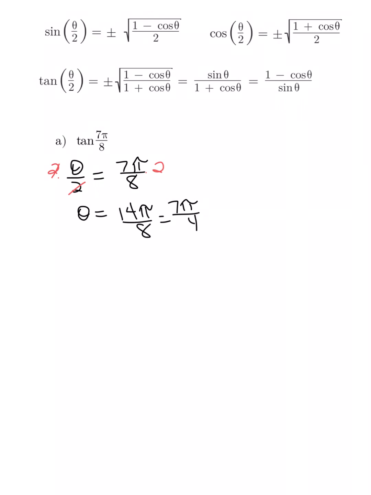I'm going to, as my first example, use the second version of the formula, sine theta over 1 plus cosine theta.